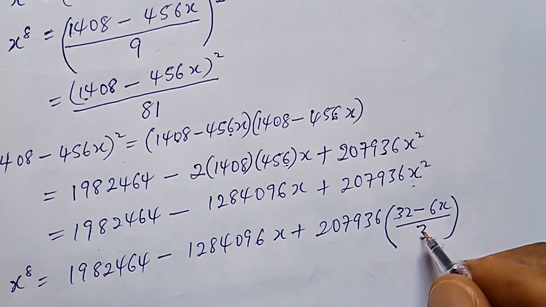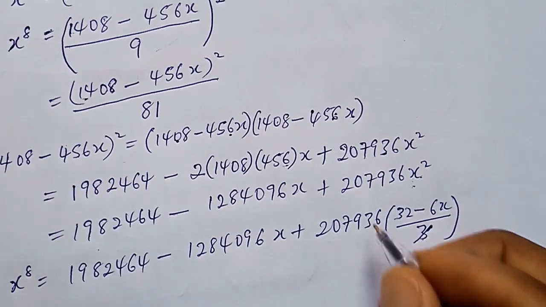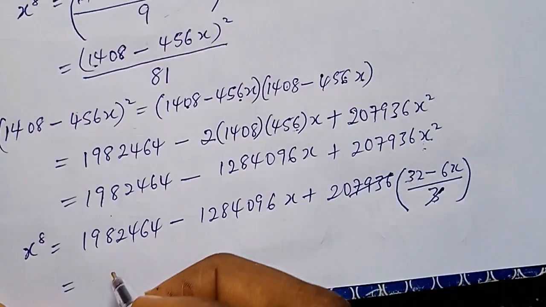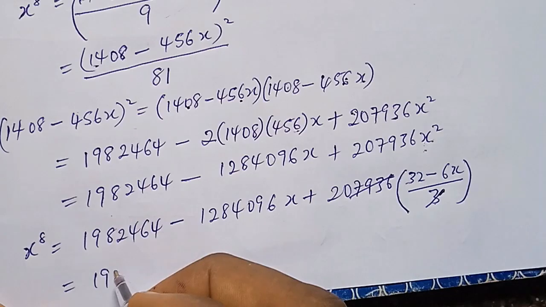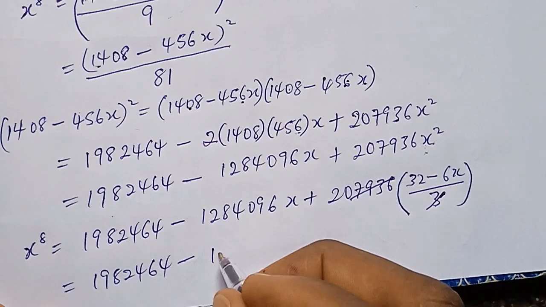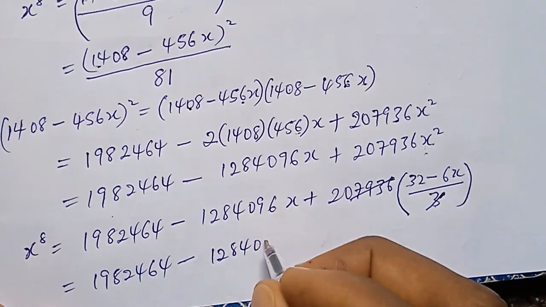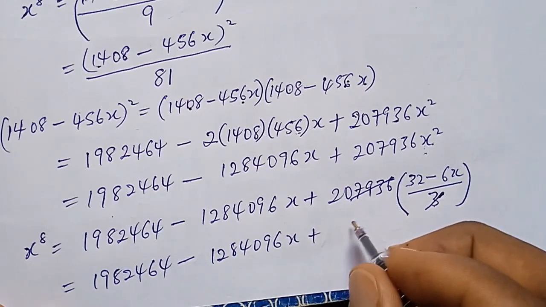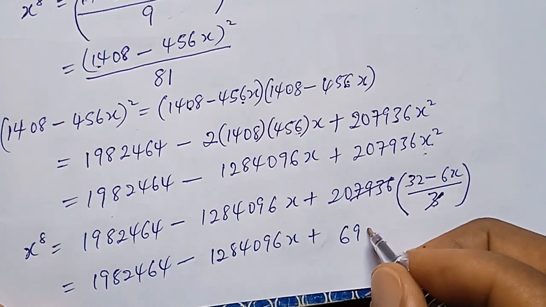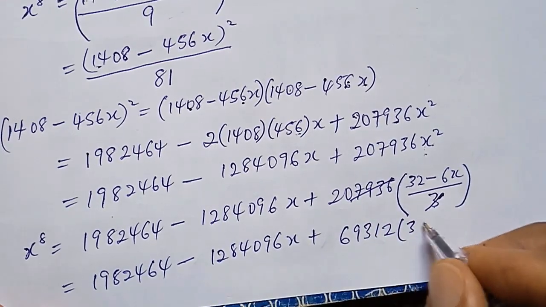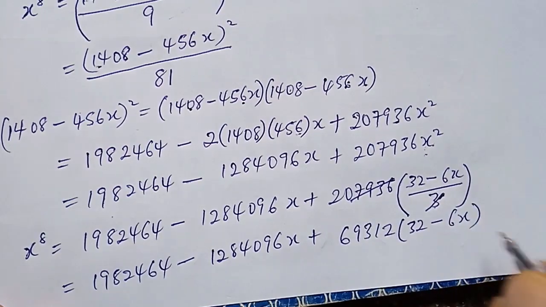Okay, this will divide this. We have that to be equal to 1982464 minus 1284096x then plus 69312 into bracket 32 minus 6x.